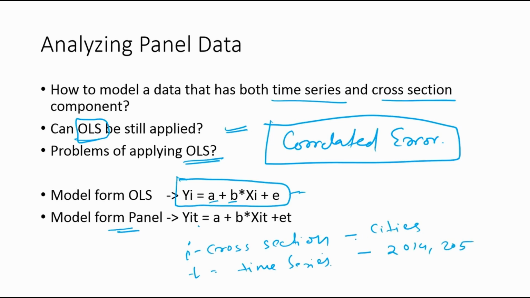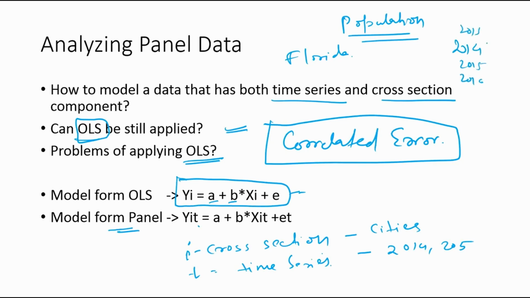Now, in this particular case, you will see that the errors will most likely be correlated for a particular cross section. If you take the population for Florida over time, over 2014, 2015, 2016, and even before that, you'll most likely find the population to be very correlated among themselves.